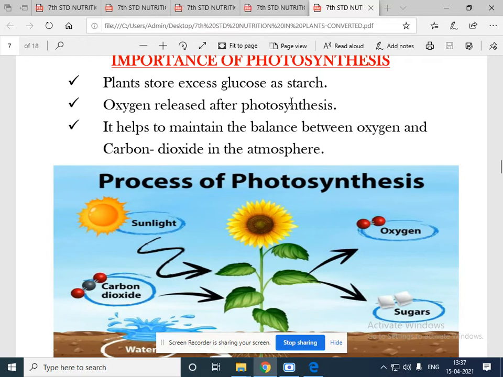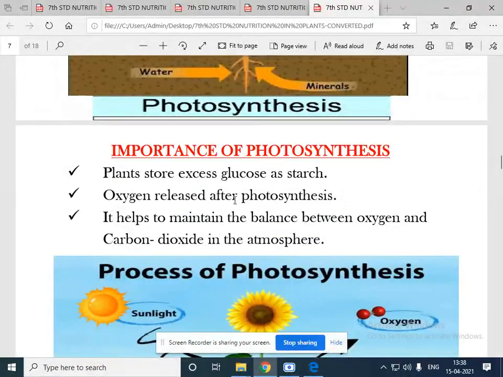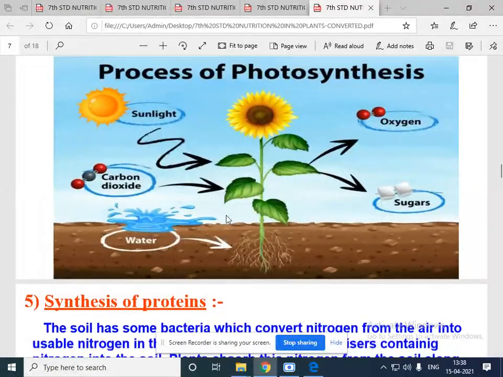And omnivores, which eat both plants as well as animals, also depend indirectly or directly on plants. Next, oxygen is released after photosynthesis, which is used by plants again as well as animals for their respiration. This is all about the importance of photosynthesis.